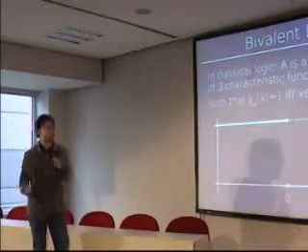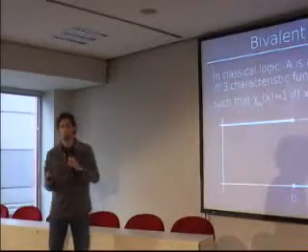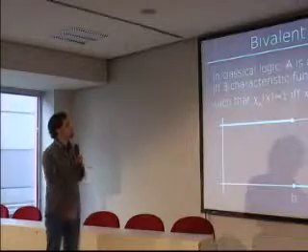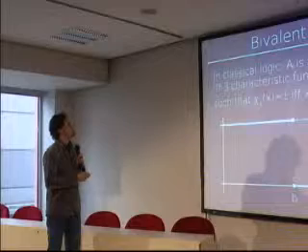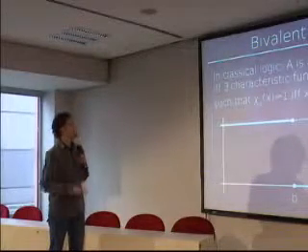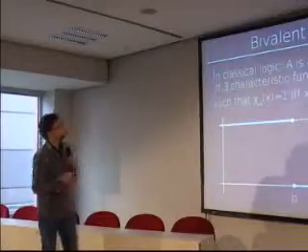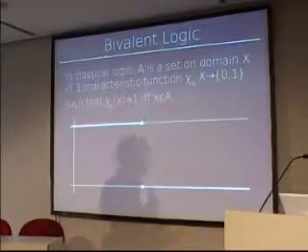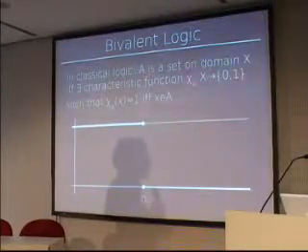So the first thing we will get rid of in terms of science is the assumption of the excluded middle in logic. So in a classical bivalent logic, we say that A, such as, for example, the set of all small cities, is a set on the domain of all cities if and only if there is a characteristic function mapping a certain city x to 0 if x is not a small city, and mapping x to 1 if x is a small city.